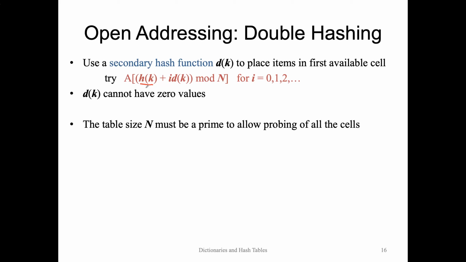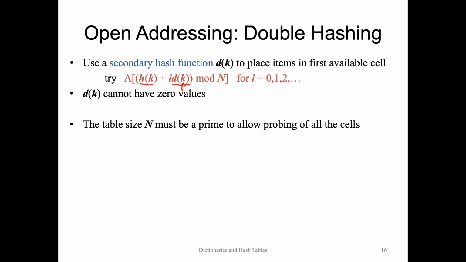But the interval over which we skip to find the next available cell is decided using a second hash function. This is an independent hash function, hence the name. So unlike the previous one, the interval itself depends on the data, on the key that we're given.